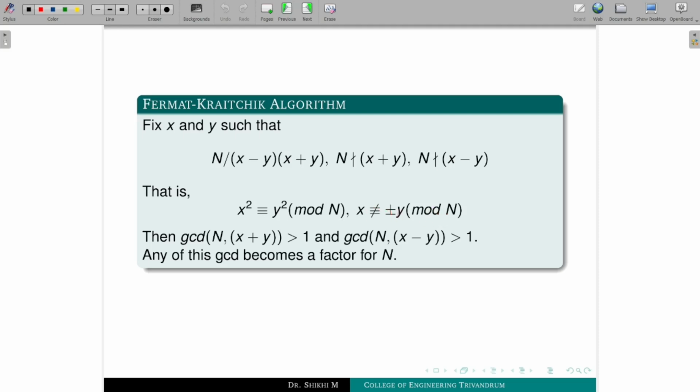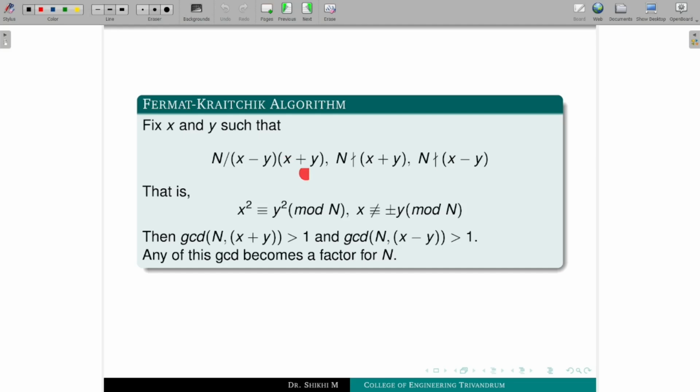So this means that GCD of n and x plus y is greater than 1, and GCD of n and x minus y is greater than 1. For example, if GCD of n and x minus y equals 1, then n must divide x plus y, because n divides this product and n and x minus y have no common divisors other than 1.